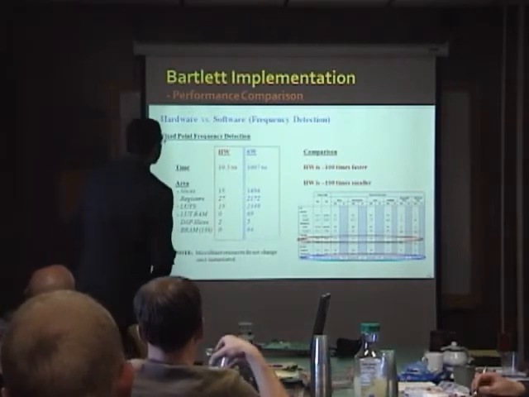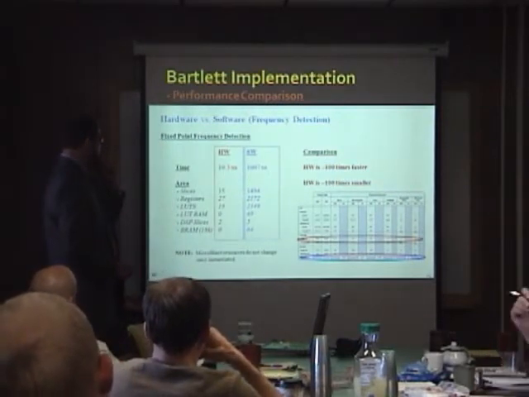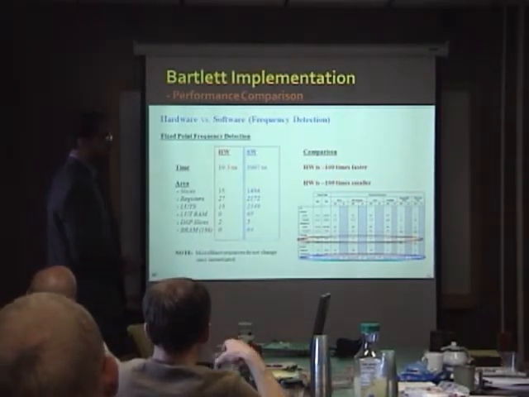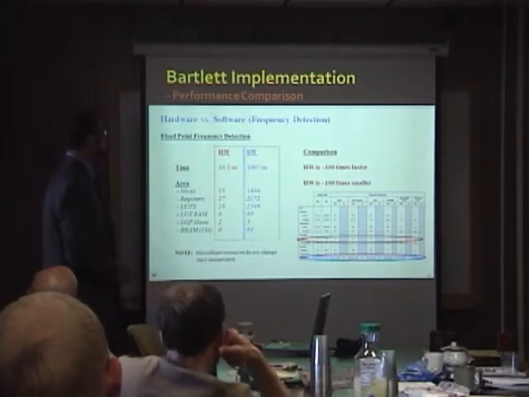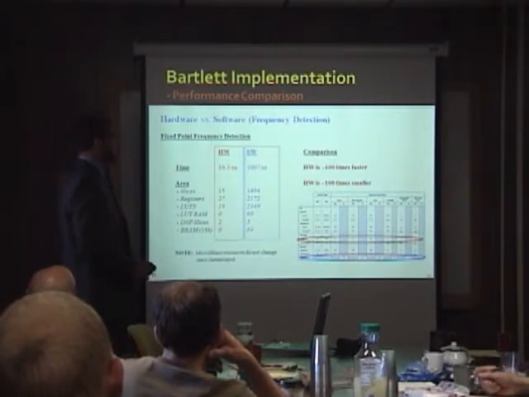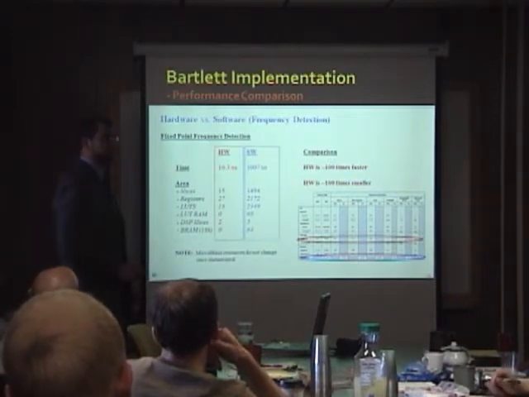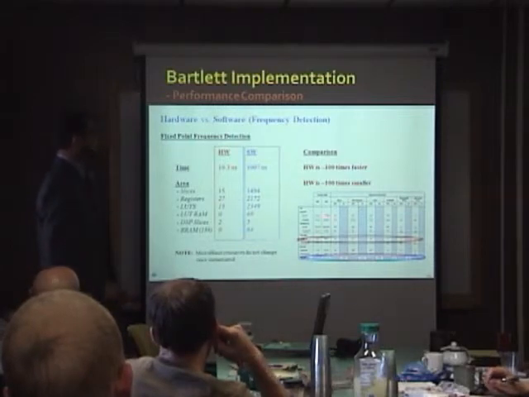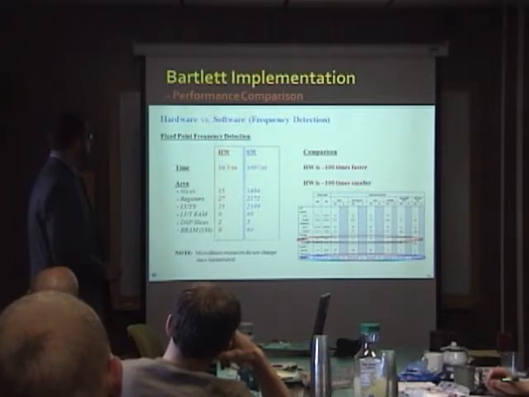The frequency detection for a fixed point, the hardware implementation requires 10.3 microseconds to perform that. The software, 1 millisecond. So the hardware is 100 times faster, and the hardware is 100 times smaller. And when we compared the resource utilization, we compared with the entire Microblaze.